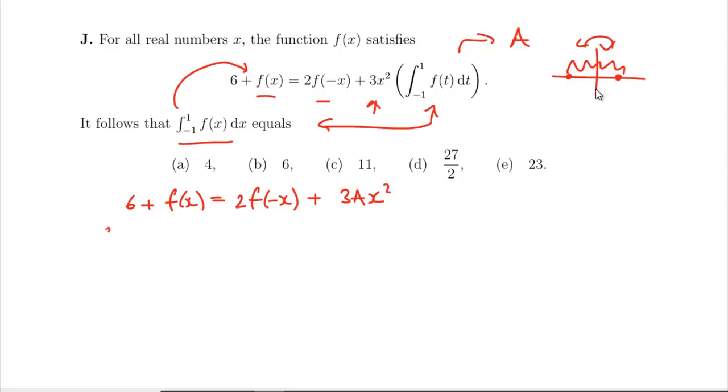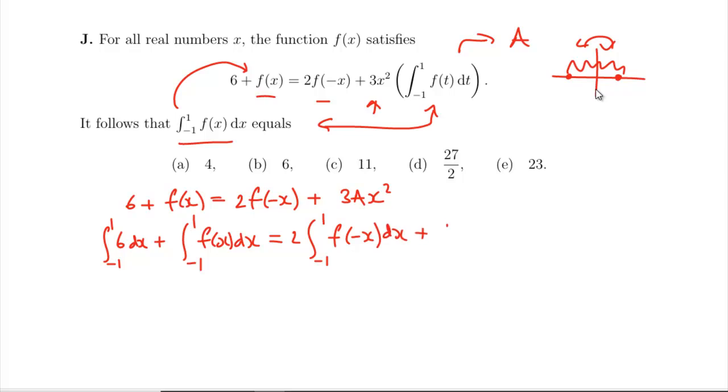So let's integrate then between -1 and 1. So 6 dx plus the integral from -1 to 1 of f of x dx equals the integral from -1 to 1, 2 lots of f of minus x. And we're saying those integrals are the same, plus 3a x squared. Well, the 3a we can leave outside, x squared dx from -1 to 1. This thing we've already said is a, that thing we've already said is a.